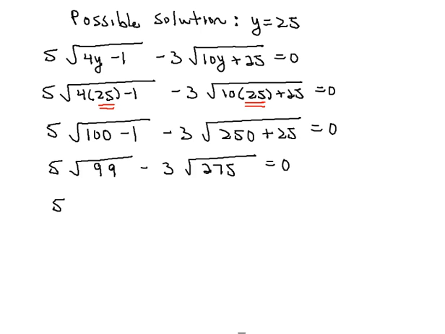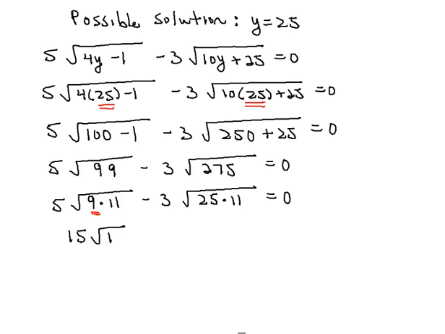And in the 99, there's a perfect square factor of 9, so we can rewrite that then as 9 times 11. And 275 has a perfect square factor of 25, so we can rewrite that as 25 times 11 is equal to 0. Now going back to the first term, the square root of 9 will come out of the radical as 3, and then multiply by the 5 in front will produce 15 times the square root of 11.